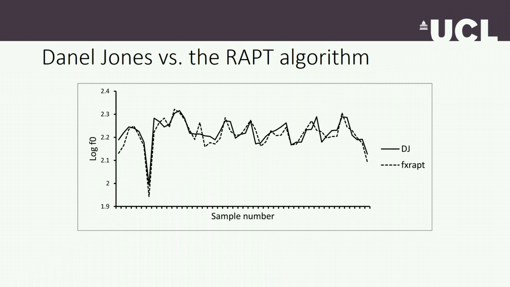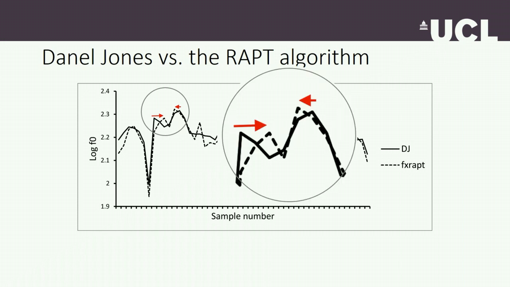Jones's pitch track and the one from the algorithm are almost exactly the same. It's just that they keep getting a bit out of sync, sometimes in one direction, sometimes in the other.